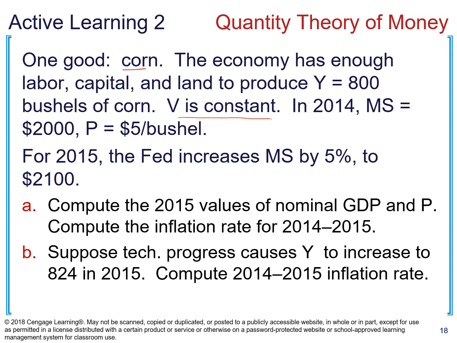For year 2015, the Federal Reserve increases the money supply by 5%. So it's going to be from 2,000 to 2,100. Then we can compute the value of nominal GDP. Nominal GDP is P times Y, right? And then P, we can compute using those numbers.